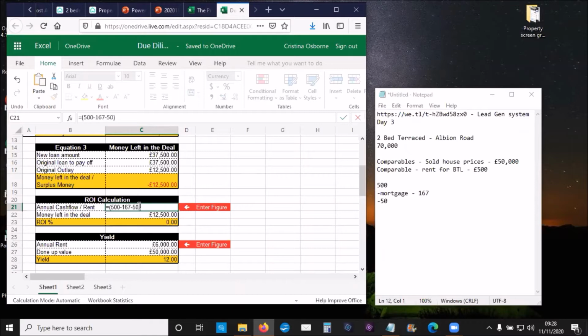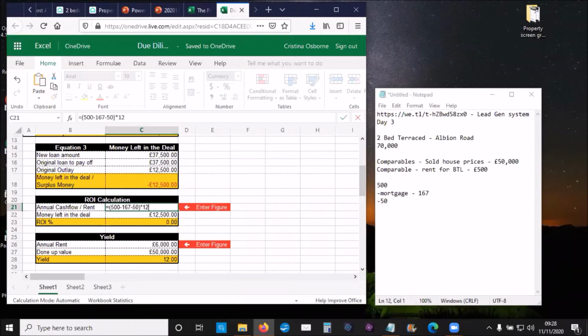Okay, so that's the cash flow per month multiplied by 12. I hope I'm not too fast using the Excel sheet. Like I said on day one, I'm assuming that you guys are proficient and knowledgeable and comfortable using Excel.